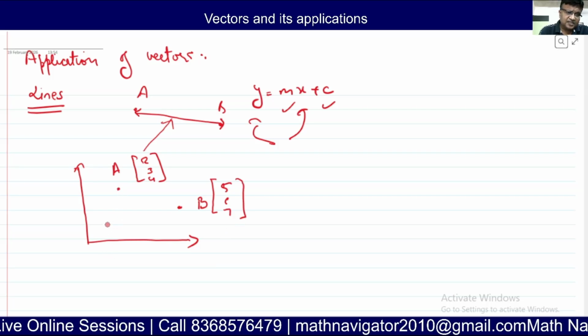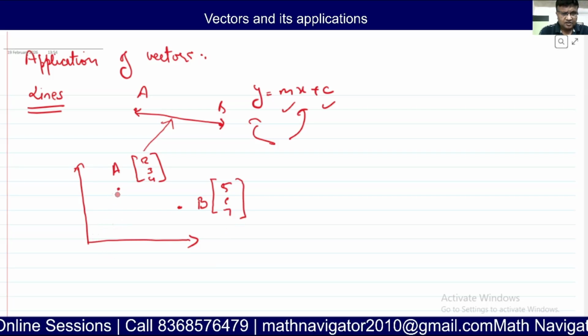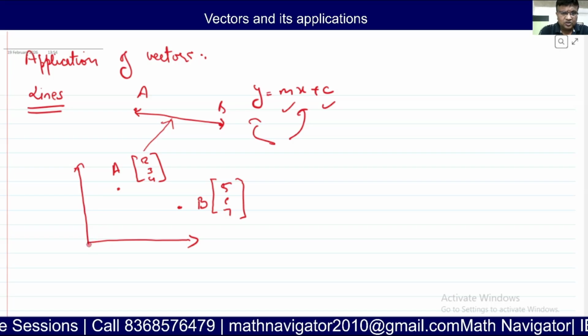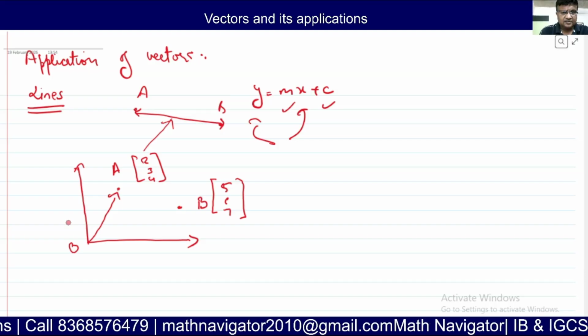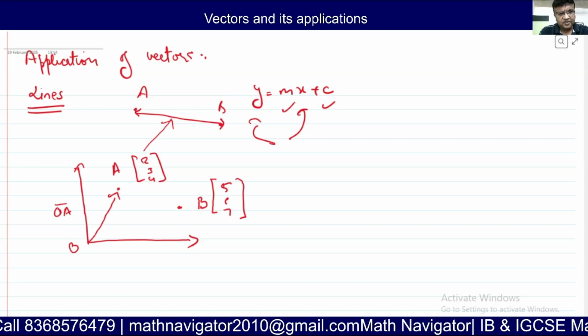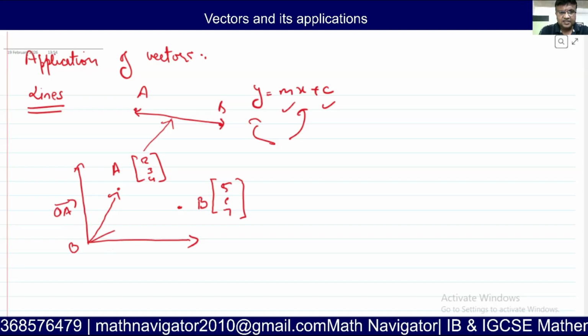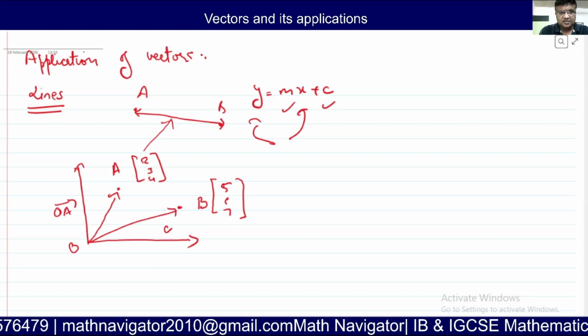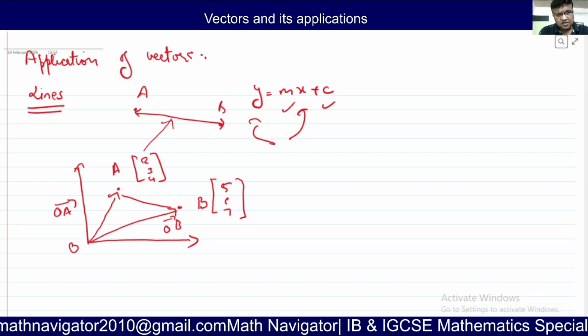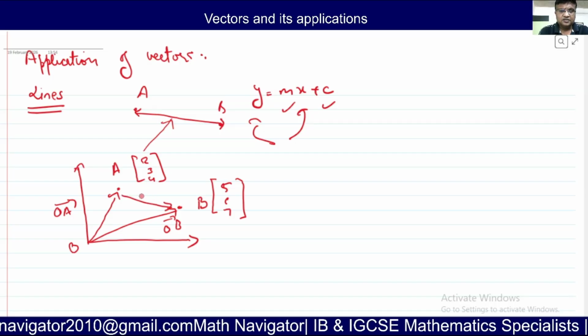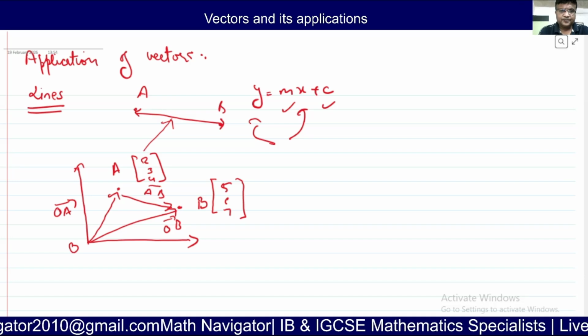This is the origin. So this I can call vector OA, and this can be called vector OB. And this is called vector AB.